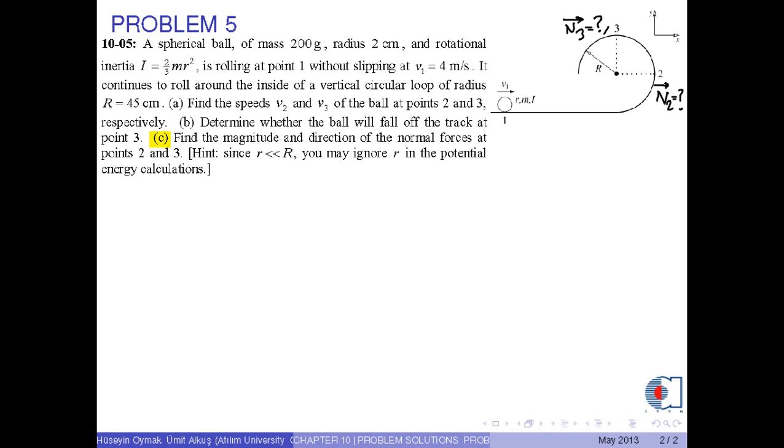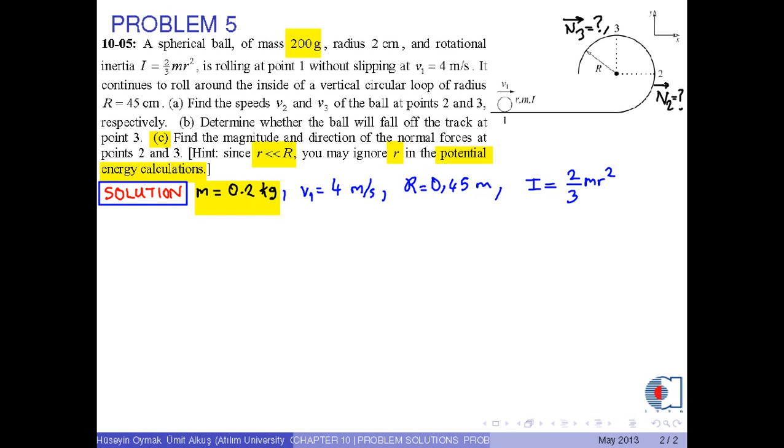C. Find the magnitude and direction of normal forces at points 2 and 3. Here, since small r is much less than the capital R, you may ignore the small r in the potential energy calculations. First of all, we write the given quantities in SI units. M is 200 grams, converted into kilograms as 0.2 kilograms.